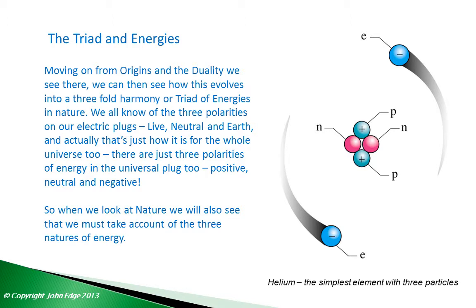And here's a little picture of the helium atom, which is the simplest element, which has these 3 particles. And every other particle beyond hydrogen is made up of these 3 elements, these 3 energies. So you see, when we look at nature, we're going to have to take account of these 3 natures of energy as well.